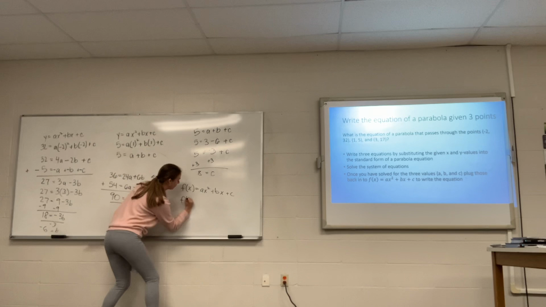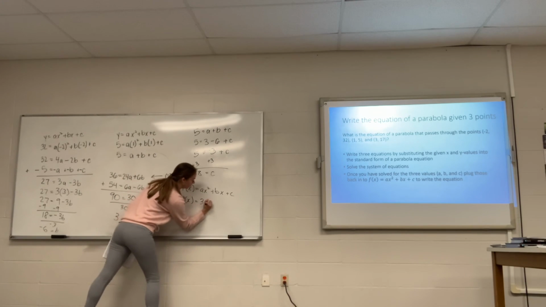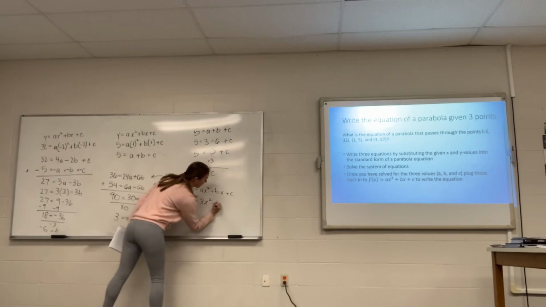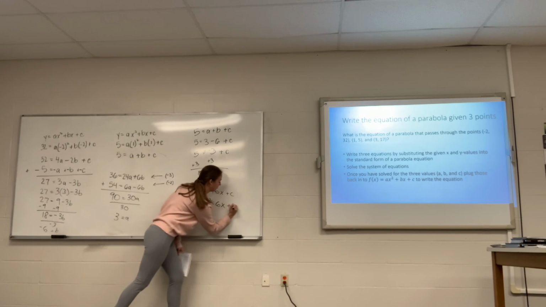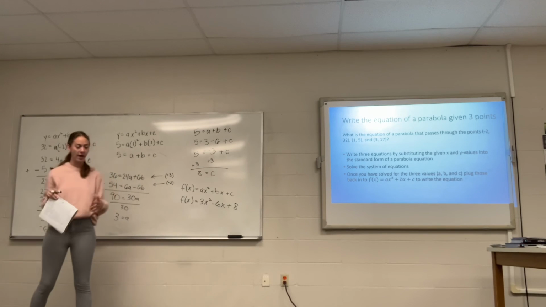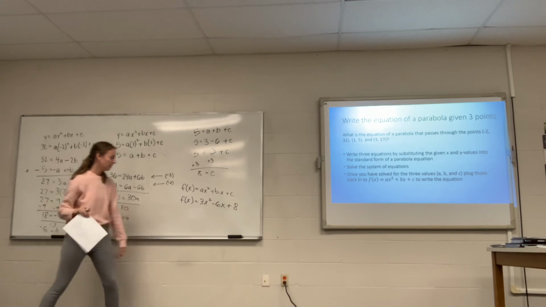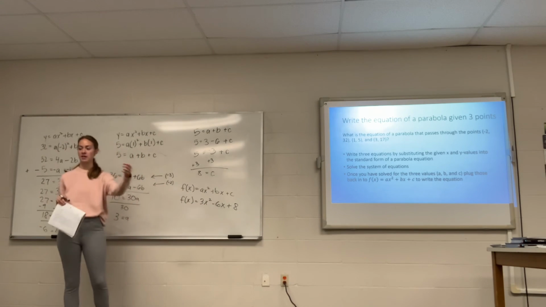So I'd have f of x is equal to, my a was 3, so 3x squared. My b is negative 6, so minus 6x. And then my c is 8. Okay, so my equation of a quadratic that's going to go through the 3 points that we were given is 3x squared minus 6x plus 8.